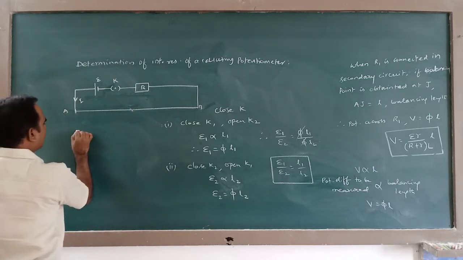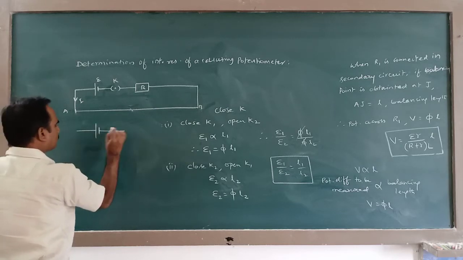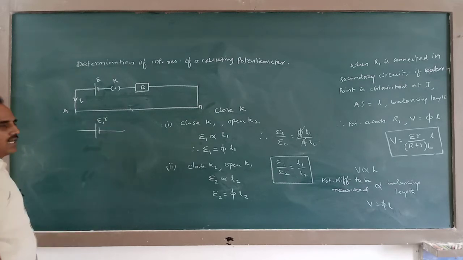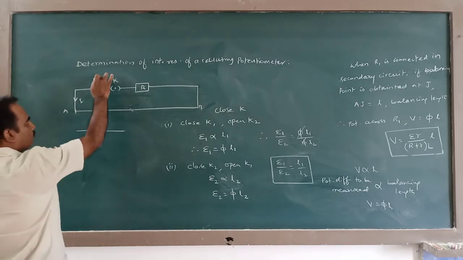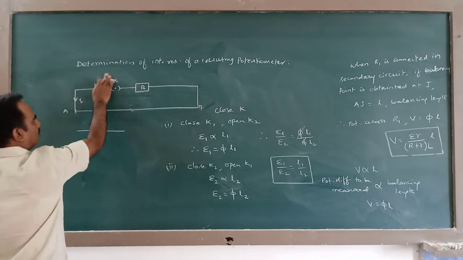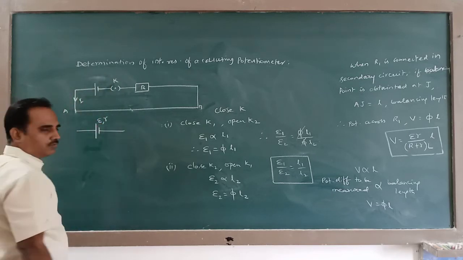So here is a cell of EMF E and internal resistance r. Don't confuse this one and this one. This is the cell whose internal resistance is to be found.